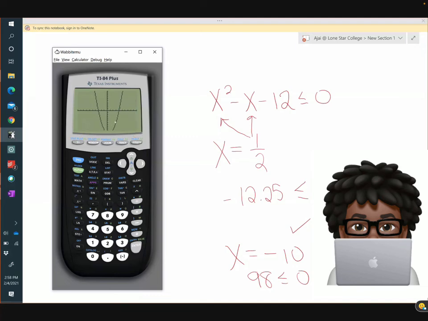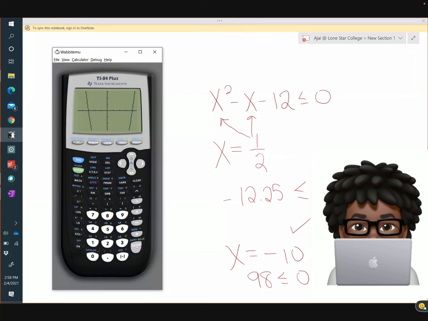If you want to change it so it zooms in, press the zoom button. The two windows that you use a lot are Z decimal and Z standard, number 4 and number 6. Z decimal makes your window go from negative 5 to 5 on the x-axis and negative 5 to 5 on the y-axis. So if I scroll down to 4 and press enter, you see it zoom in.